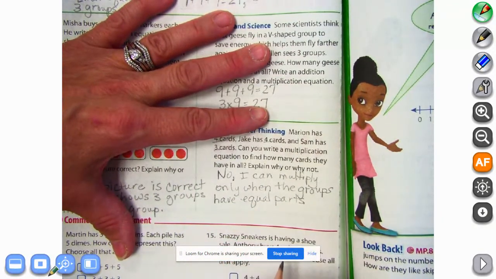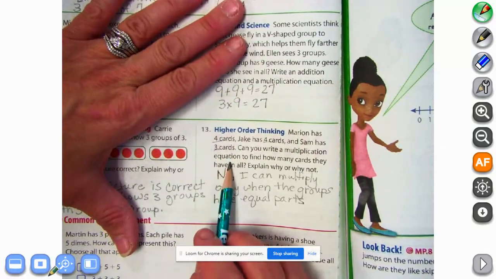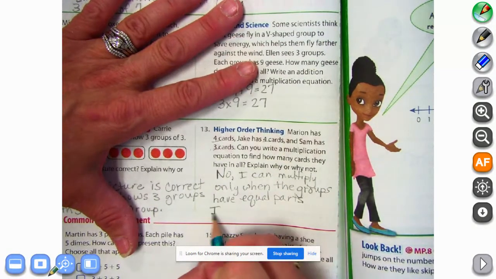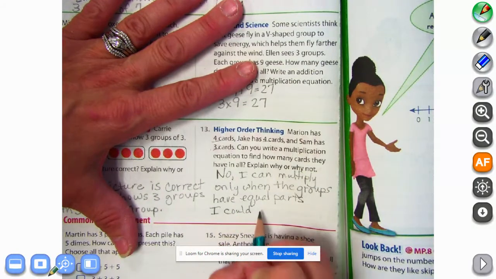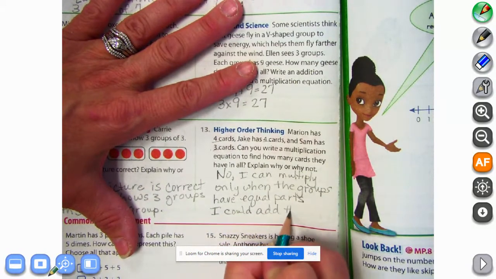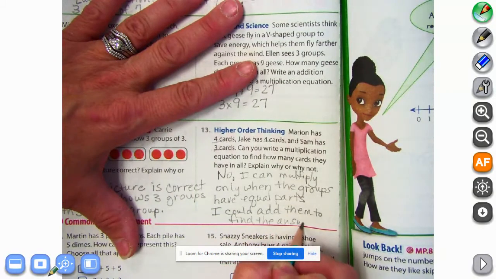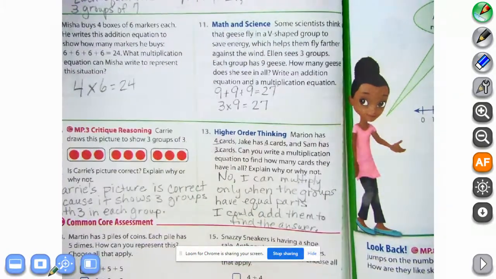Okay. So they're unequal. The groups are unequal since Sam has fewer cards than Marion and Jake. So I can add them to find the answer. I could add them to find the answer. But I can't multiply them to find the answer. Okay?